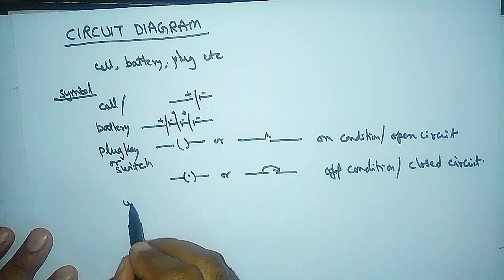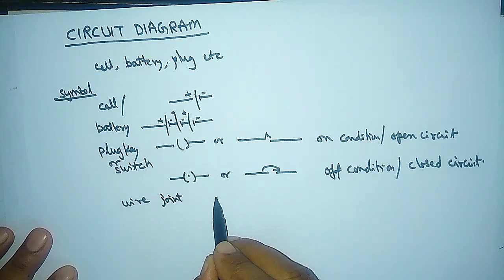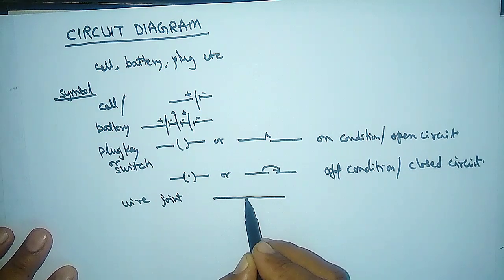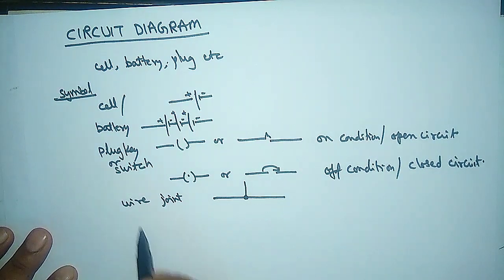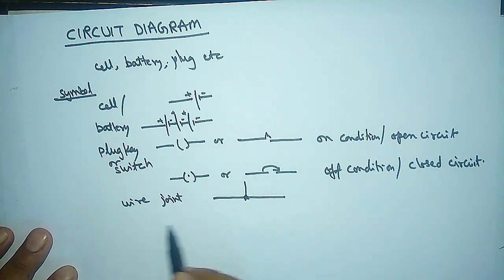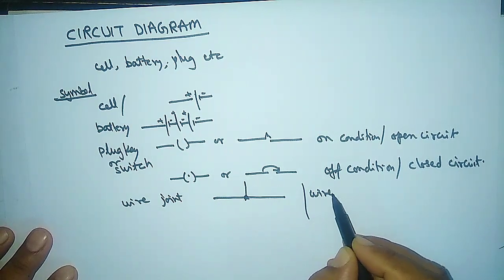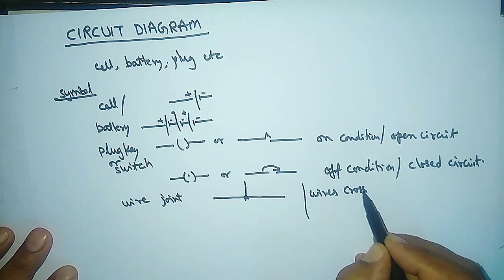Okay, wire joint, how will we show a wire joint? Suppose this is a wire and you are joining another wire, so like this, make a dot. So this is the representation of the wire joint. Now suppose the wires are crossing each other.